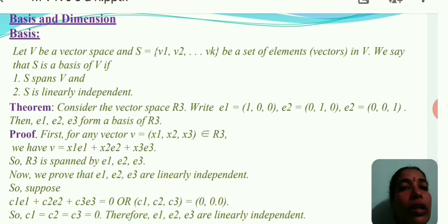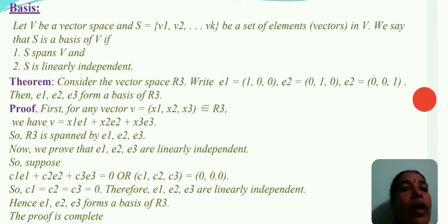Now see another theorem. Consider the vector space R3. Here E1 is equal to 1 0 0, E2 is equal to 0 1 0 and the third element E3 is equal to 0 0 1. Then E1, E2, E3 form a basis of R3. This is the statement of this theorem. See the proof carefully.